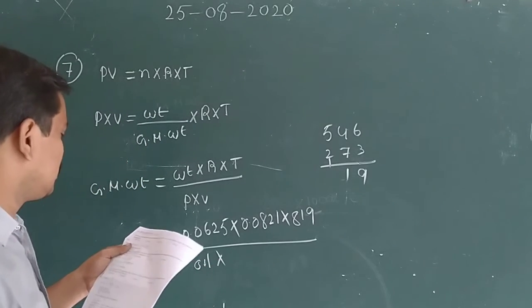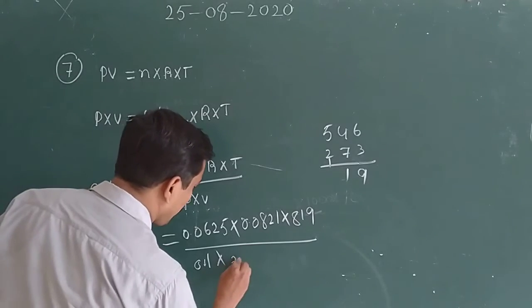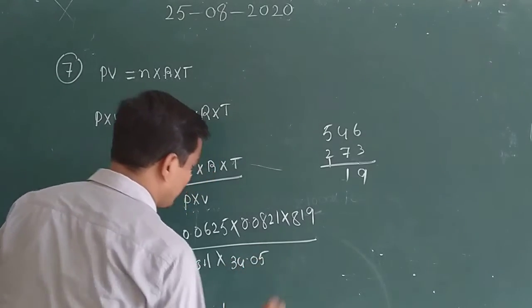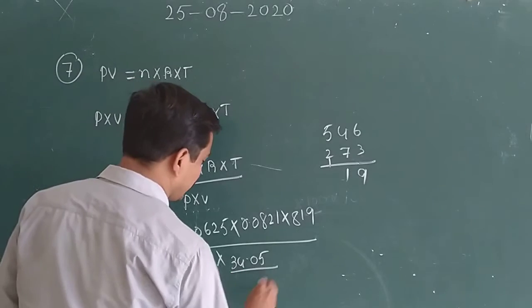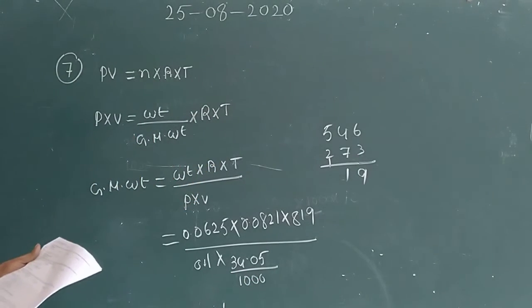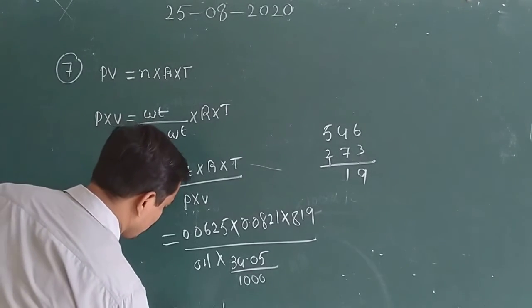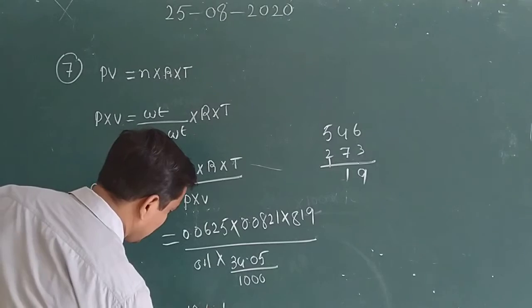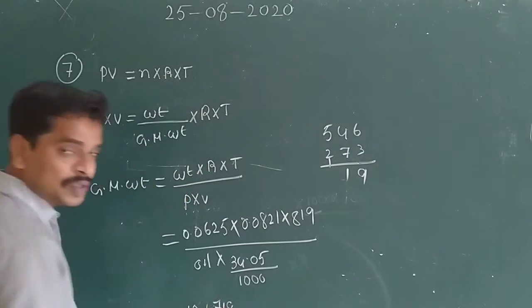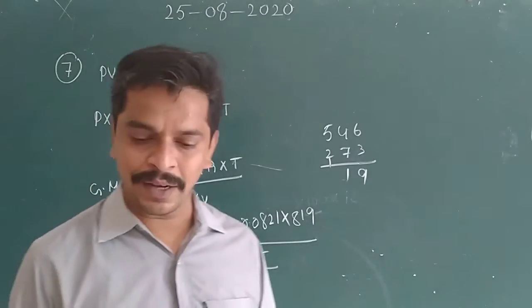Volume is given as 34.05 ml, which we have to convert into liters, so by 1000. If you do the entire calculation, you can obtain 1247, students. Next, question number 8.